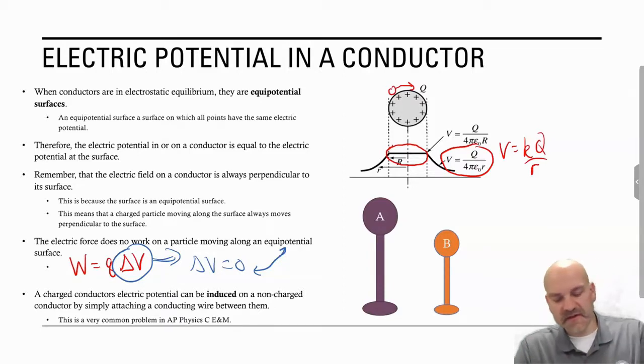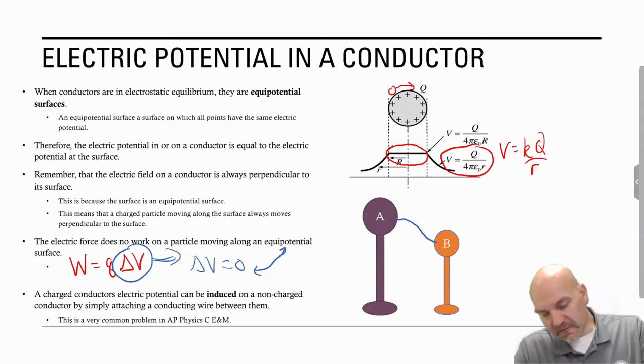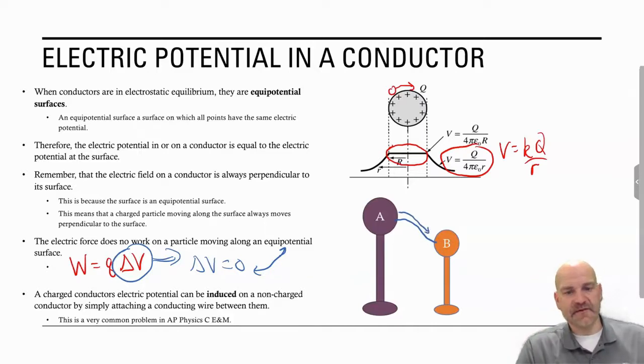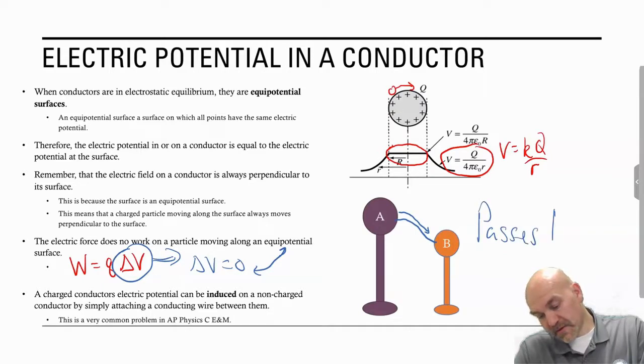The way they like to do it on the AP test is they'll attach a wire from one to the other. Charge passes from sphere A to sphere B until they reach equipotential, until they are at the same voltage.